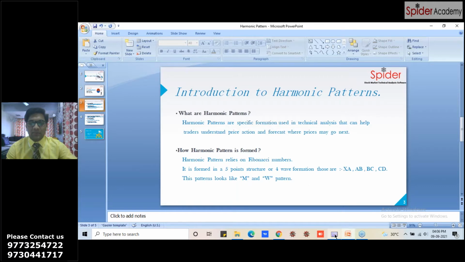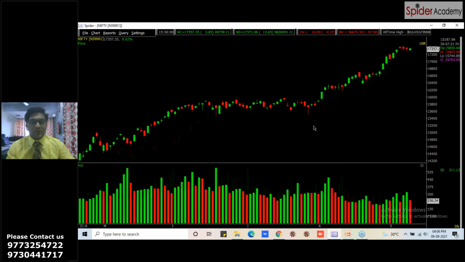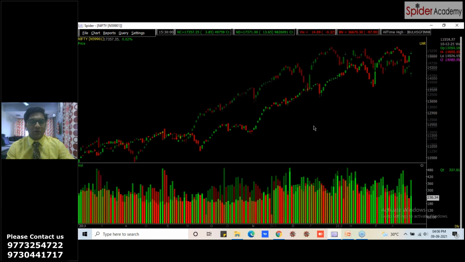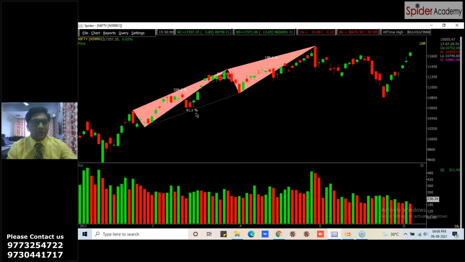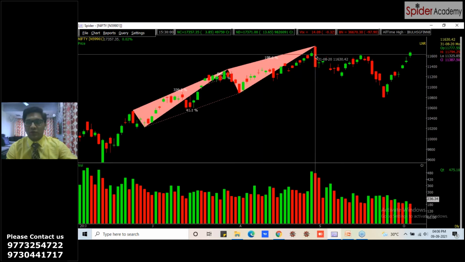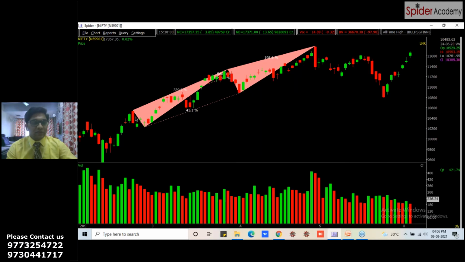So here we come to the charts. We will now move to the daily time frame. Here I come to the Nifty spot, and I scroll back. Here we can see one bearish pattern formed very far earlier, in 2019-2020. It is forming a kind of W pattern. Here I have given the bearish color, which is red.